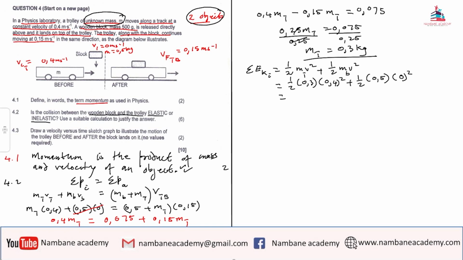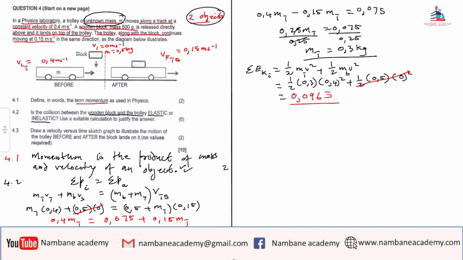Then I'm going to get my answer in joules, and I know that everything multiplied by 0 is 0, so I can easily say 0,4 multiplied by 0,4 multiplied by 0,3 divided by 2. It gives me 0,096 joules. So this is now the sum of the kinetic energy before.